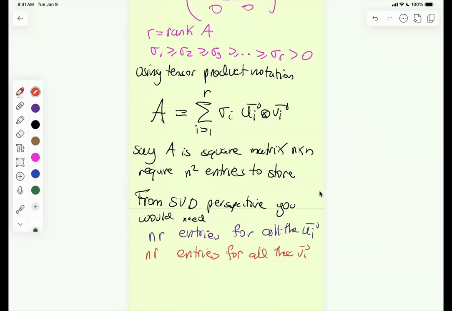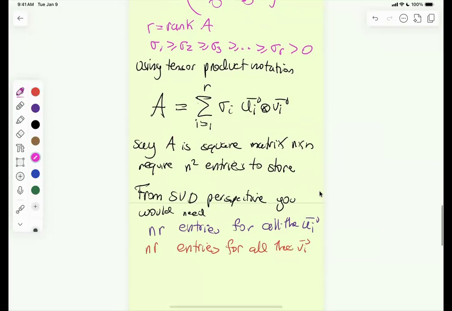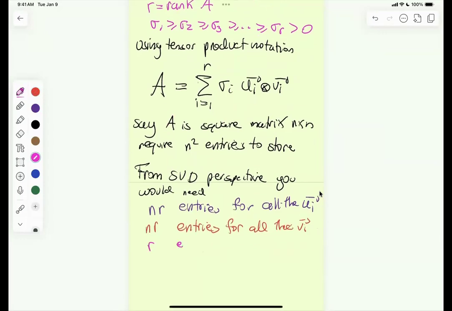And if you wanted, you could also include the singular values, and those are just numbers, right? So you would require extra numbers for the sigma, R numbers for the singular values. And by the way, this is a rule of thumb, because in this SVD there are even more relationships, right?